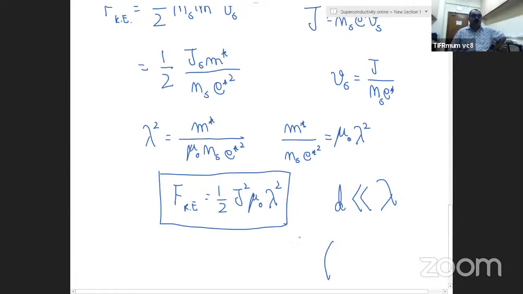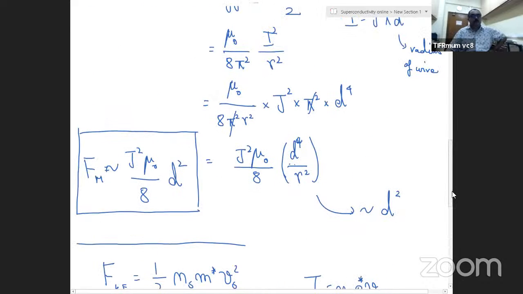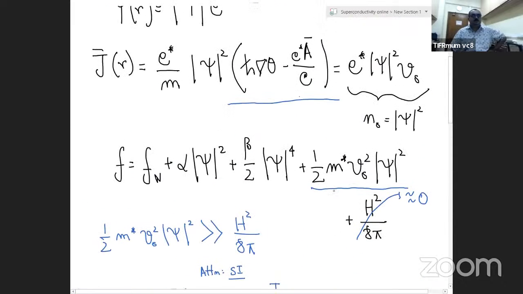So therefore, the kinetic energy term is larger by a factor lambda by d whole square. All right. So we can legitimately set this last term to 0.